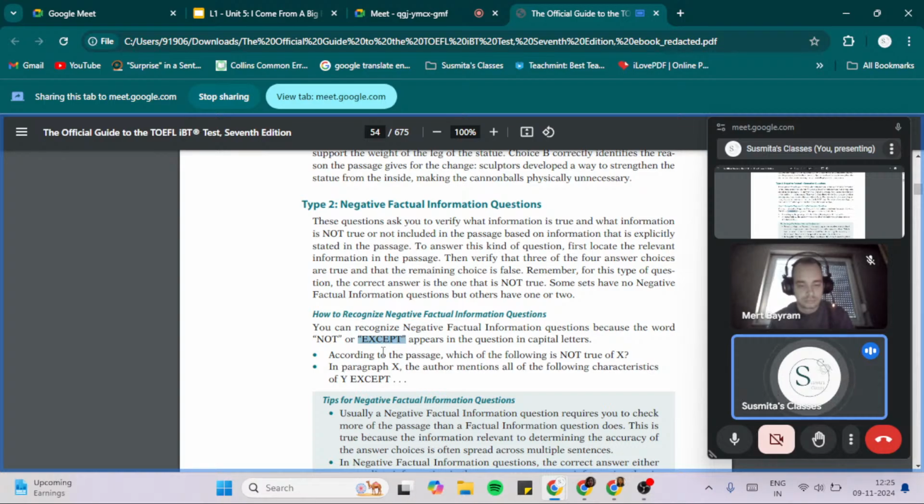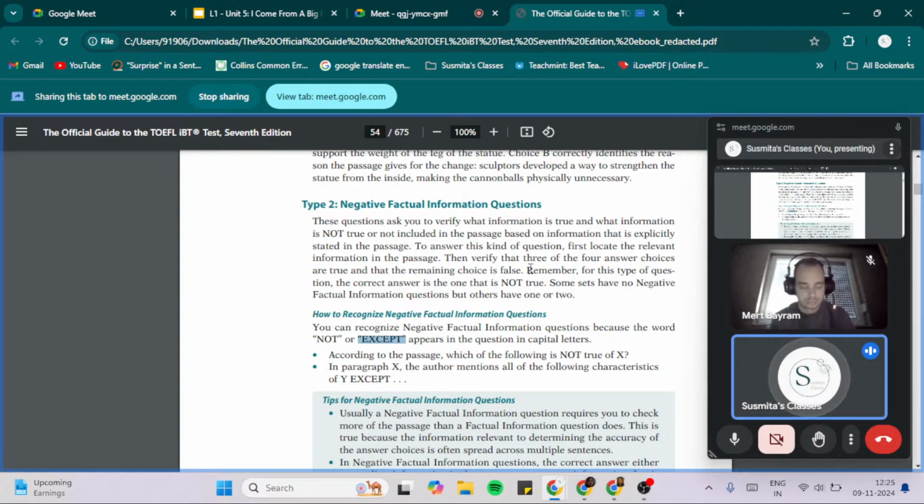When you read the question, make sure you do not miss these words, because if you miss them, you will select the incorrect option. So it will be explicitly not mentioned. Out of all four options, three will be mentioned in the paragraph.